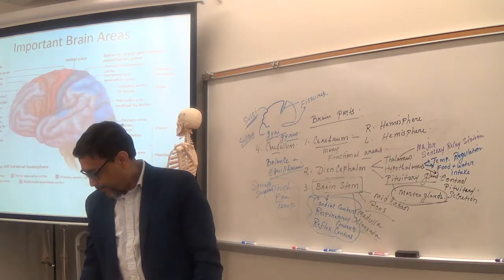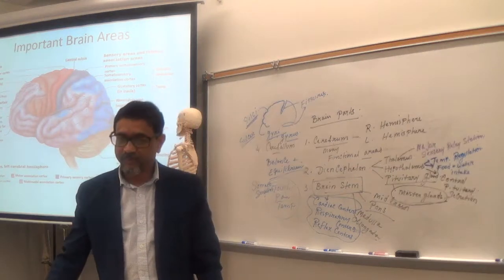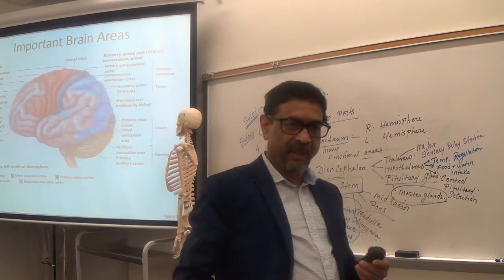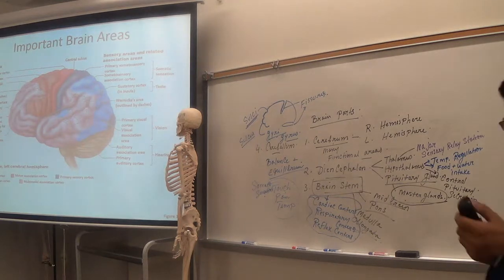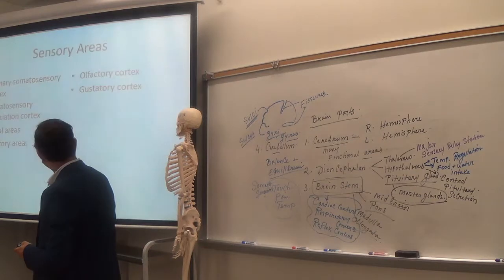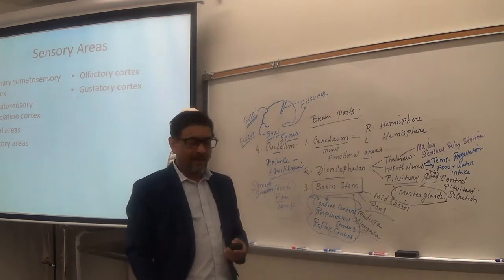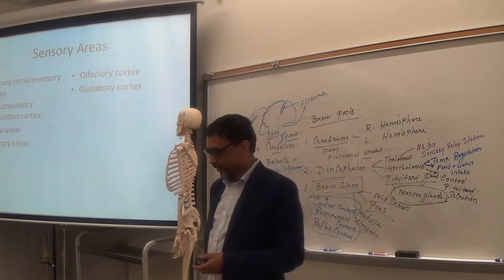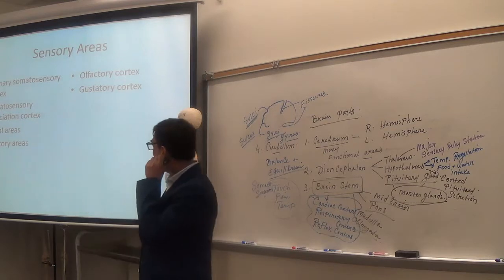So the frontal lobe is mainly responsible for those higher order functions like judgment, emotion, intelligence, reasoning, logic, math, those functions. So some of those areas are sensory areas, some of those areas are motor areas.